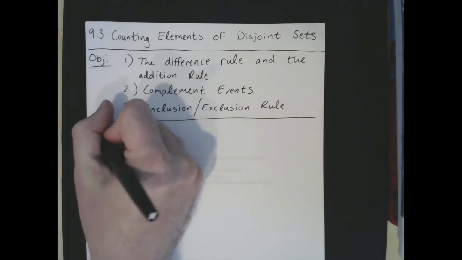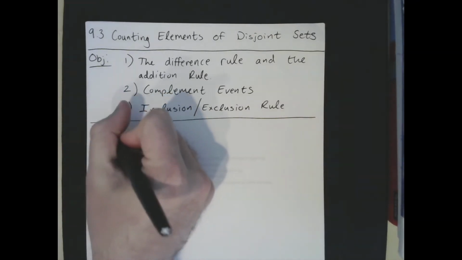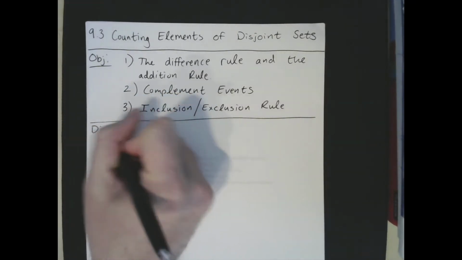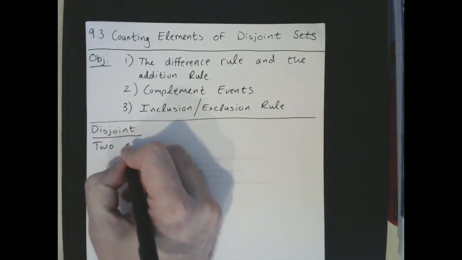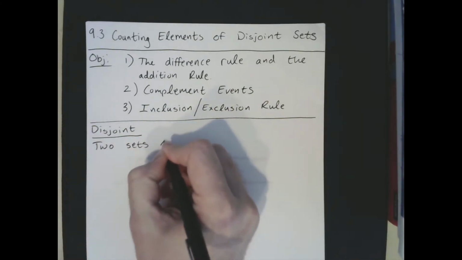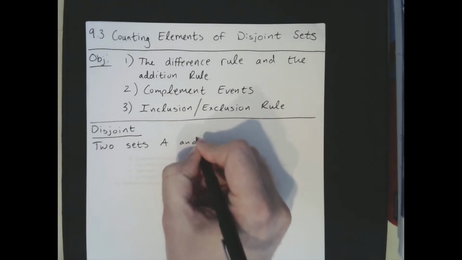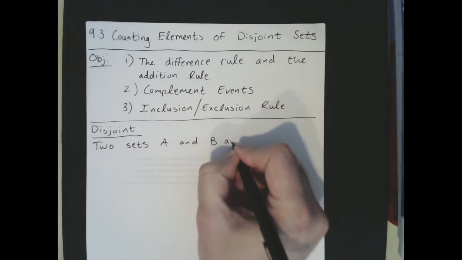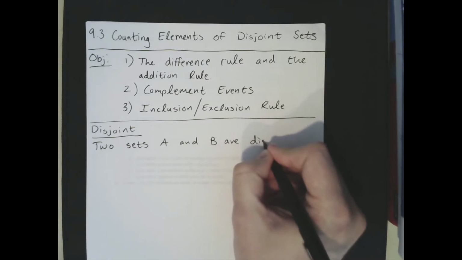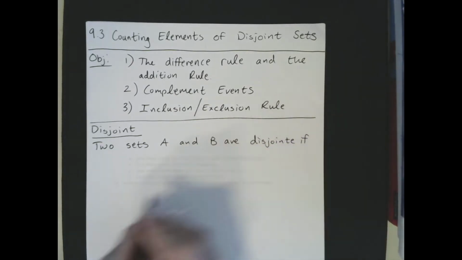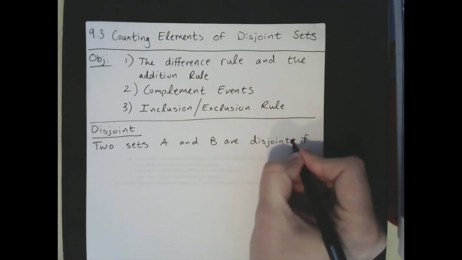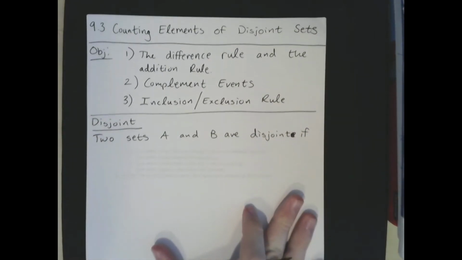So let's talk about what it means for two sets to be disjoint or disjointed. So two sets, A and B, are disjoint. Disjoint doesn't have an E. So in math we say disjoint.